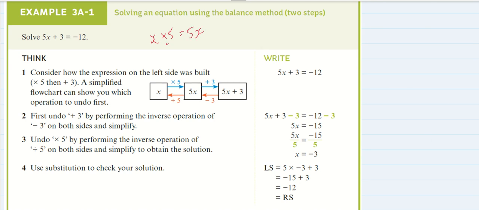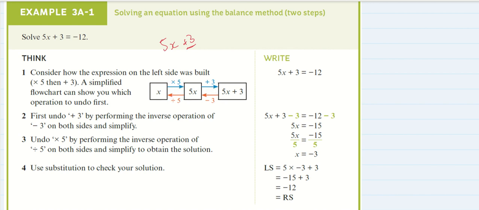Then the next step is going to be adding 3, and that will be our expression. So to undo 5x plus 3, you do this step first, and that's what we're representing here. So that's your little flow chart. And then to undo that 5x, we need to divide by 5 because it was the opposite of multiplying by 5.